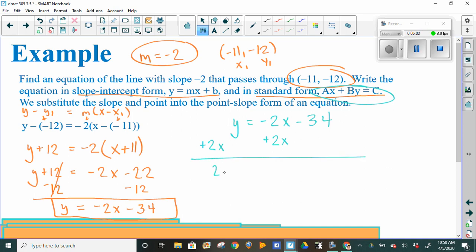So now I have 2x plus y equals negative 34. Now this is in standard form, and this one is in slope-intercept form. So they're interchangeable. I can convert one into the other just by moving usually one or two things around, and then you're good to go.